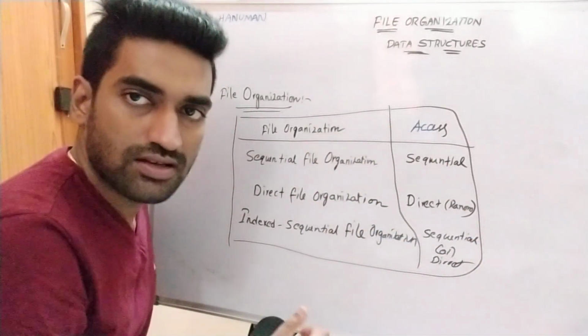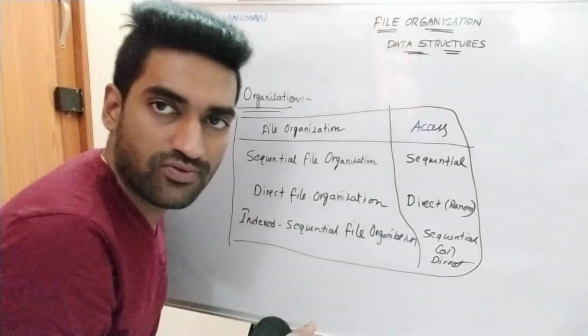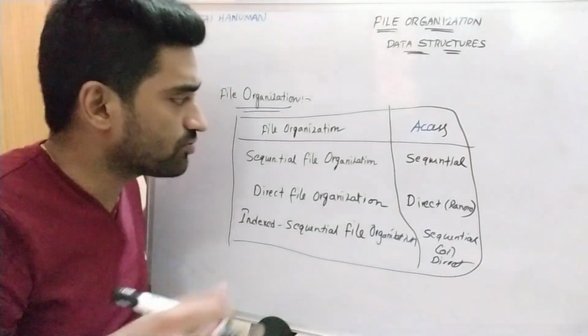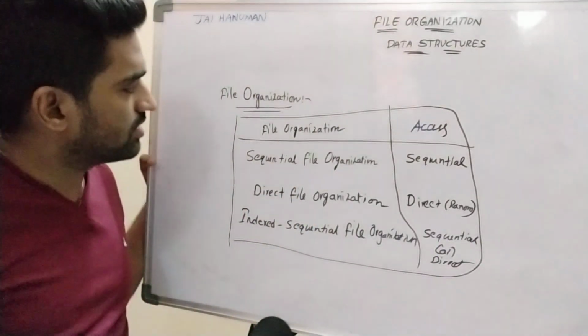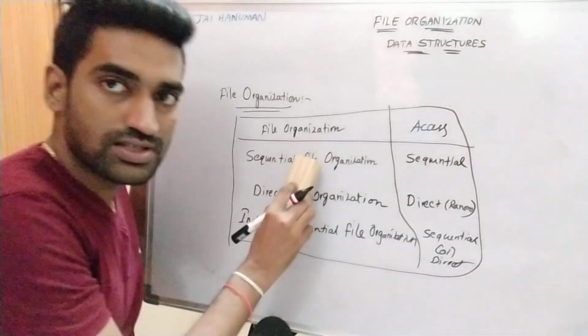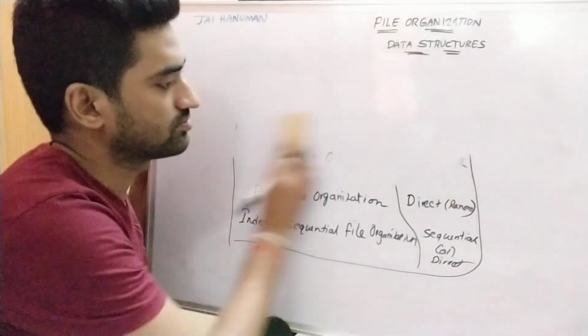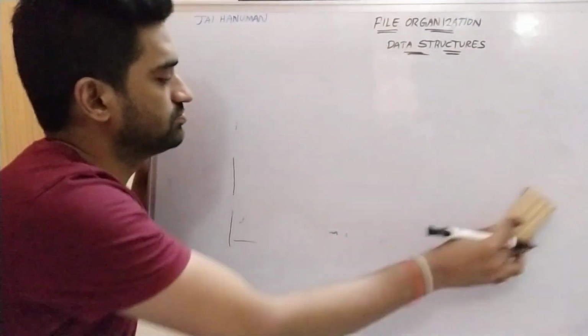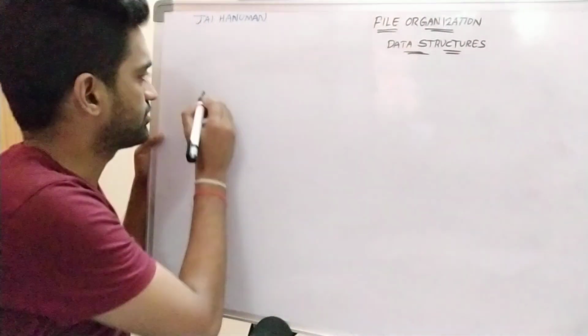So these are the basic differences between the three file organizations, right? Then we are discussing them one by one. What is sequential file organization, right? First of all, we are discussing sequential file organization. So what is sequential file organization?